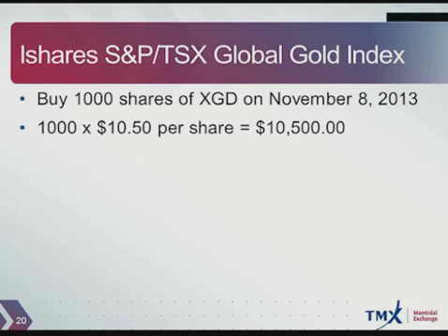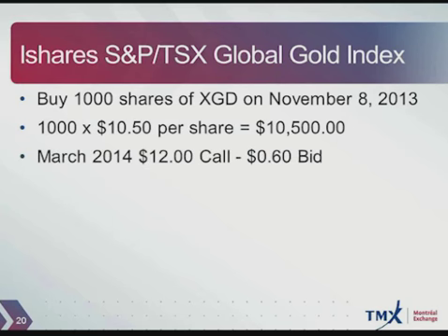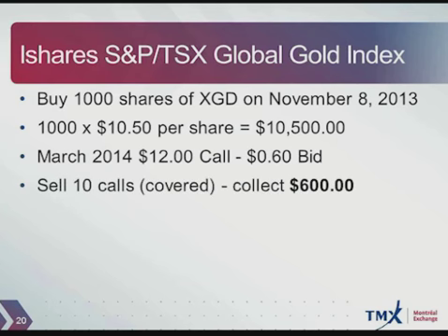XGD is the ETF that tracks the Canadian mining sector. What we could do is sell a $12 strike call against that, and so we could benefit from basically a $1.50 upside potential on the stock, but also collect a 60-cent premium as well.